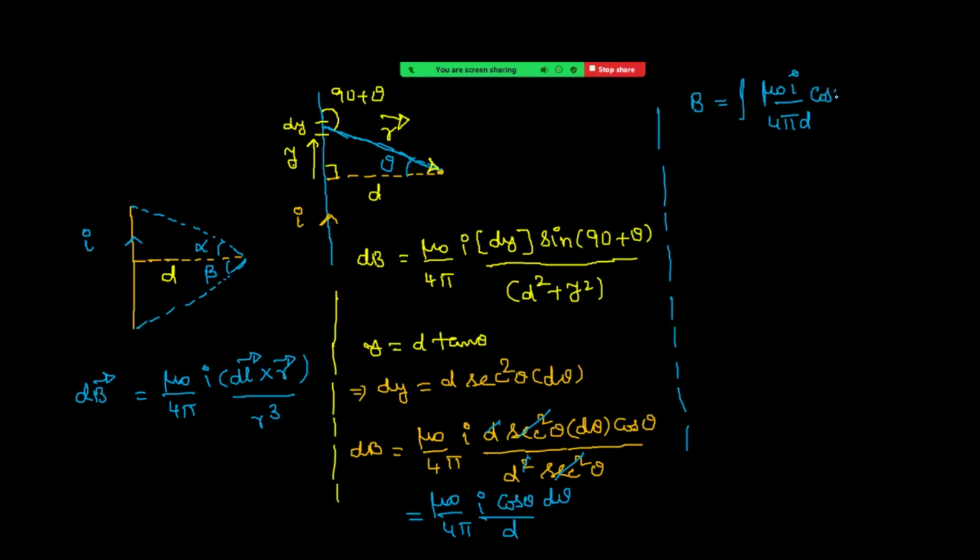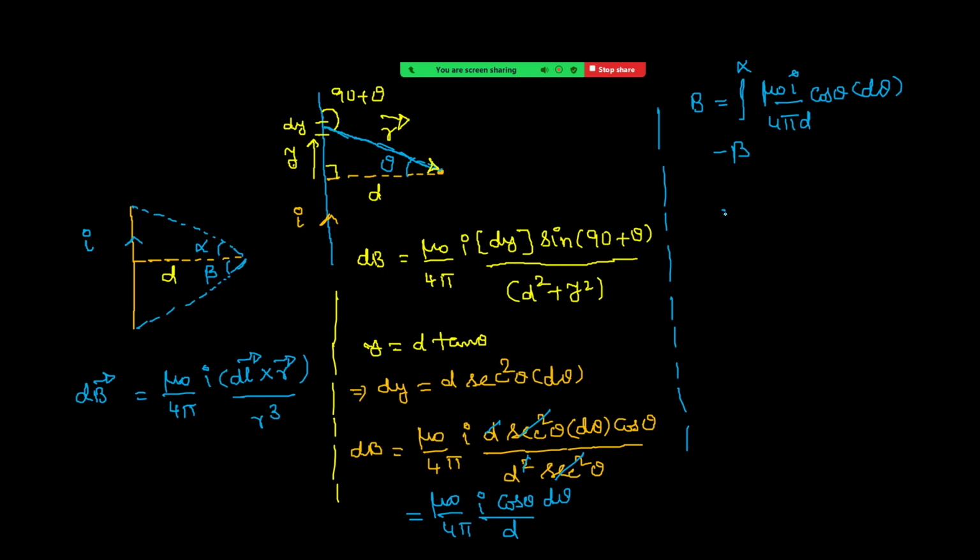Remaining is cos theta d theta. Limits are minus beta to alpha, right? That means I have taken clockwise as positive. We can see alpha clockwise, beta anti-clockwise, right? And this is completely our choice.